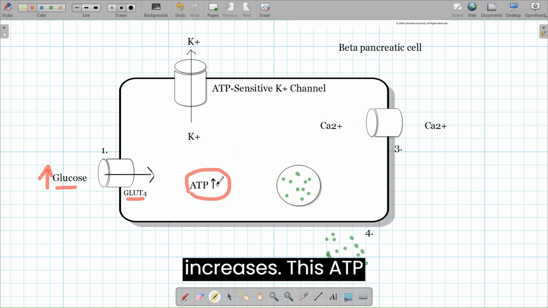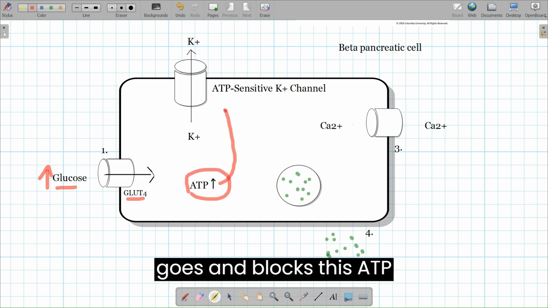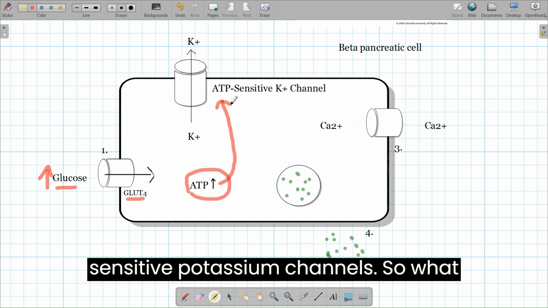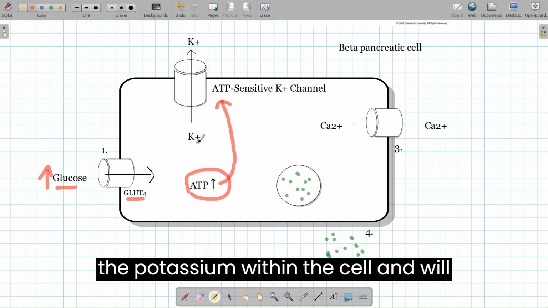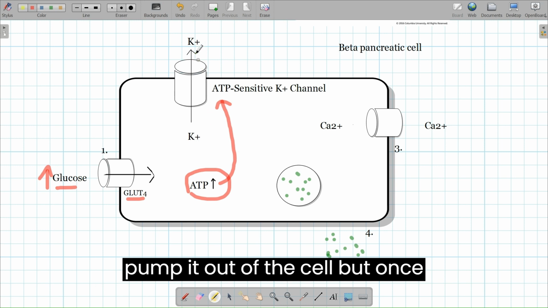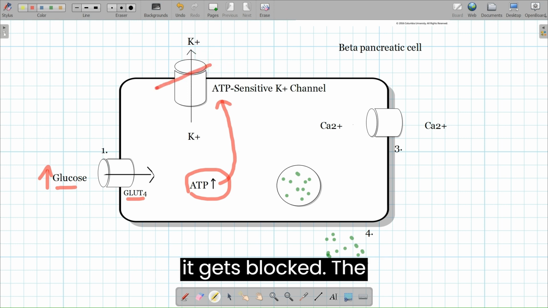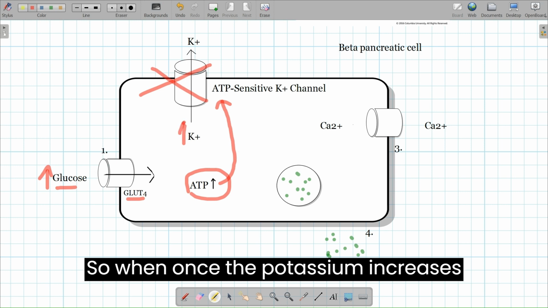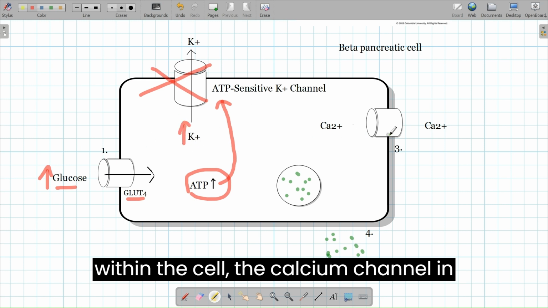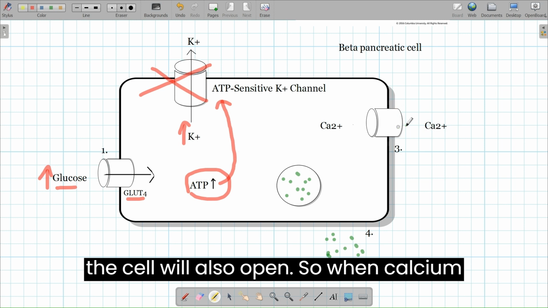When ATP increases, this ATP goes and blocks the ATP sensitive potassium channels. What this channel usually does is take the potassium within the cell and pump it out of the cell. But once it gets blocked, the potassium within the cell will increase. Once the potassium increases, the calcium channel in the cell will also open.